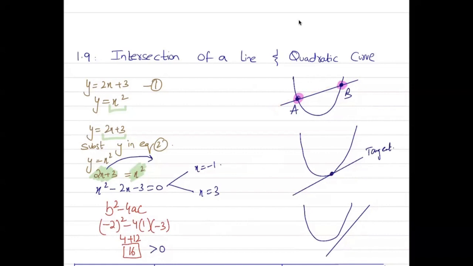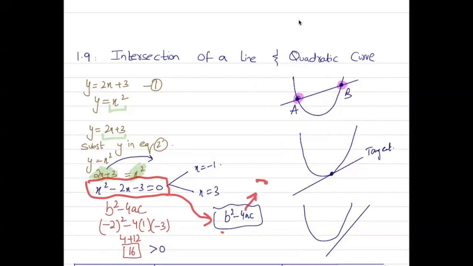So again, it depends on the value of b squared minus 4ac. When we have solved the equation of a line and a curve simultaneously and reduced the equation into the quadratic form, then you can decide on the basis of the discriminant value. If the discriminant value is greater than 0, that is the case. If it's equal to 0, then this is the case. If it is less than 0, then the line and the curve are not intersecting at all.